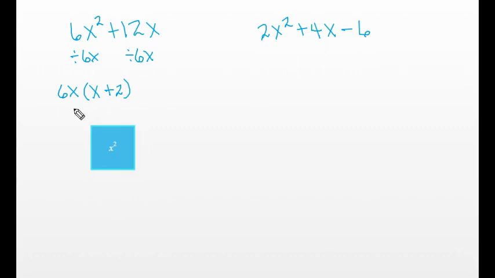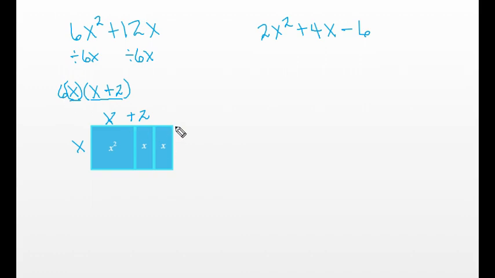if I start with my x by x, on one side I'm going to have a length of x, and on the other side I'm going to have a length of x plus 2. So I'm going to add 2 more here. But I don't just have one of these x by x plus 2 rectangles. I have 6 of them.